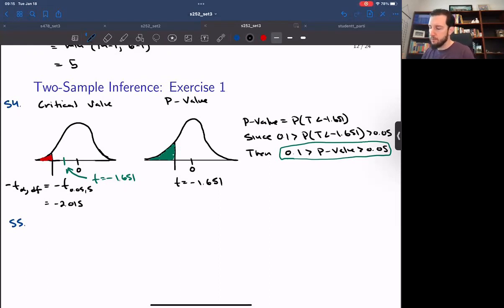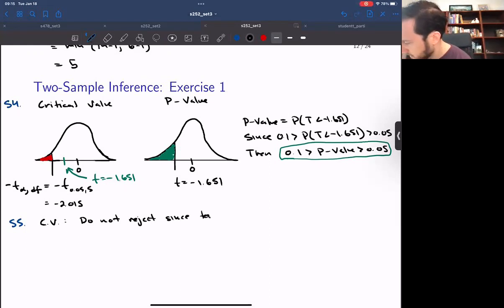If we take the critical value approach, we can see the test statistic is not in the rejection region, so do not reject, since the test statistic is outside the rejection region.